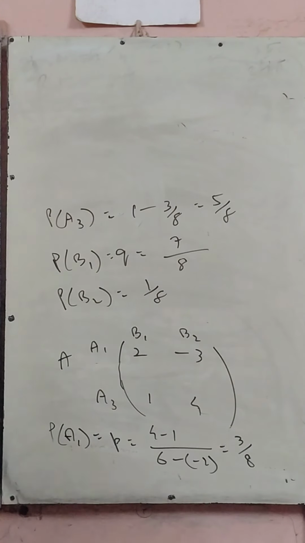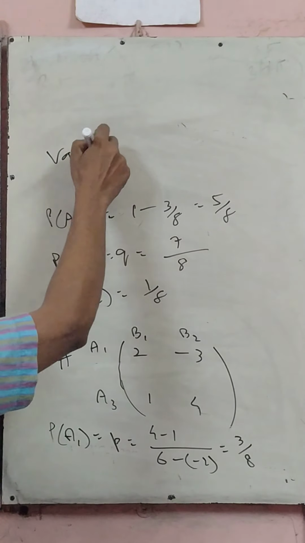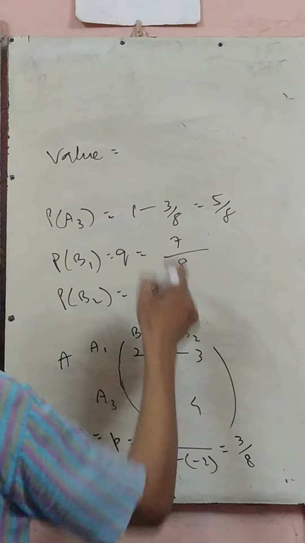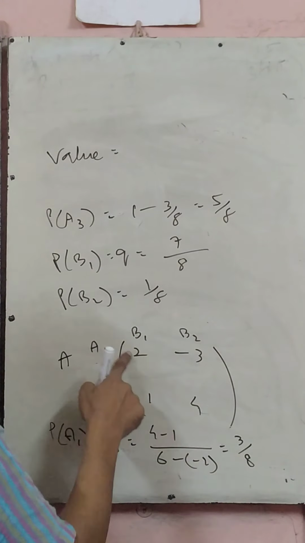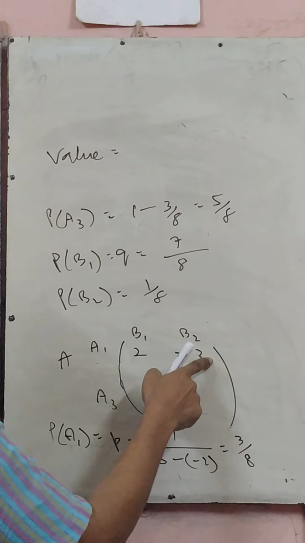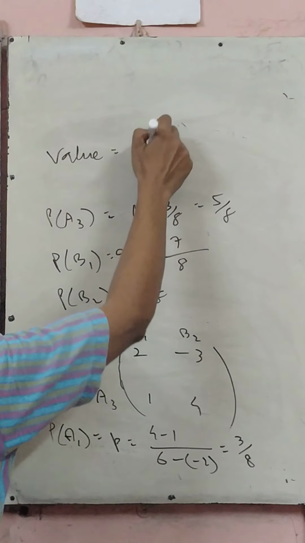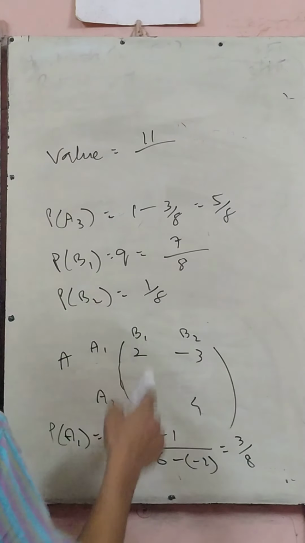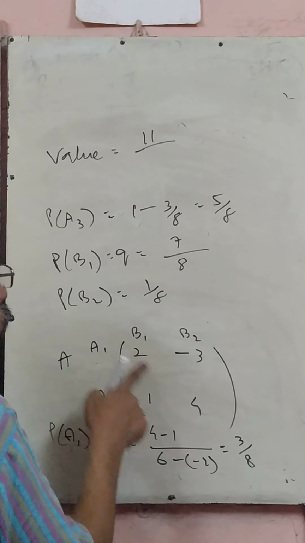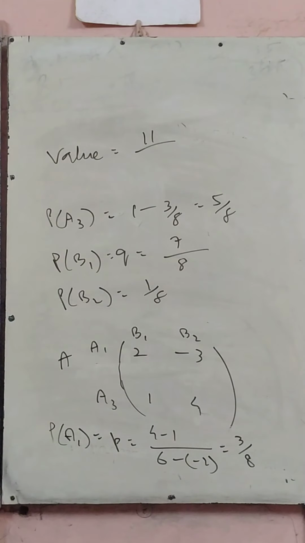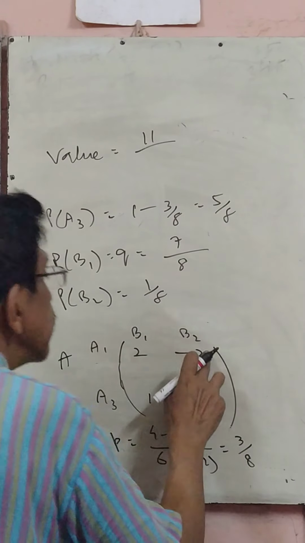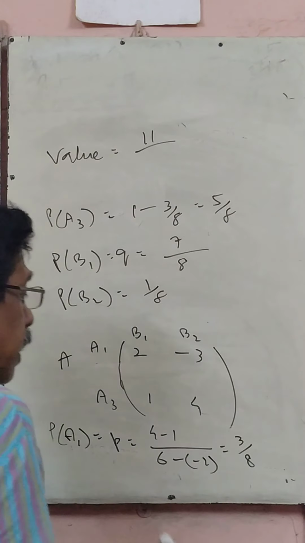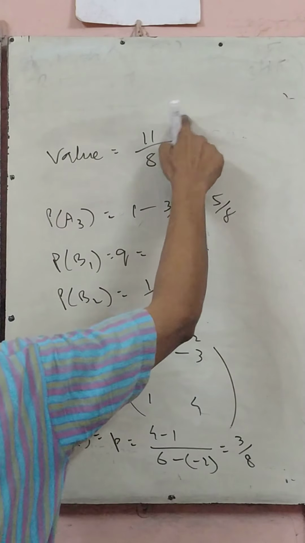And what is the optimum value of the game? Value of the game is this into this, 8, minus of minus 3, 8 plus 3 is 11, divided by, this one is, I think, 2 plus 4 is 6, 1 minus 3 is minus 2, 6 minus minus 2 is 8, so it is 11 by 8.